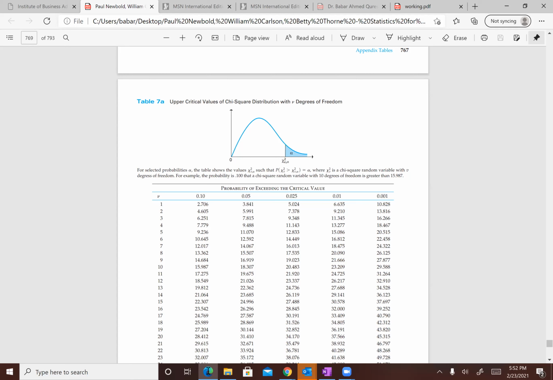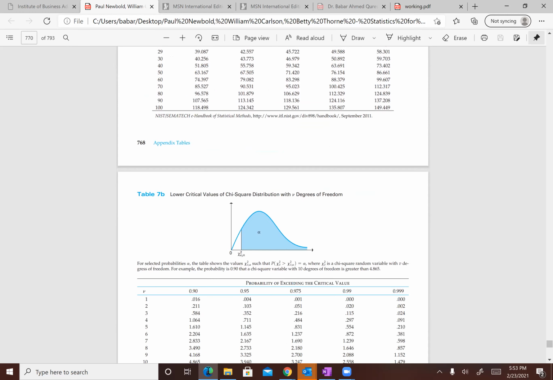For example, if I pick nu equal to 5, and I want to know the critical value such that the probability of chi-square being greater than it is only 5%, I look in this table and it gives me 11.07, slightly more accurate than what the calculator gave me.